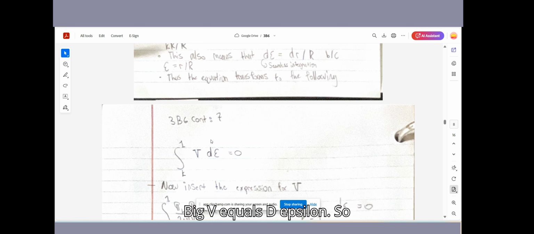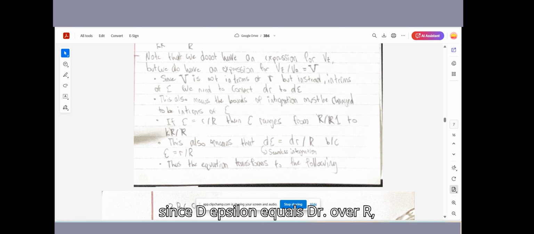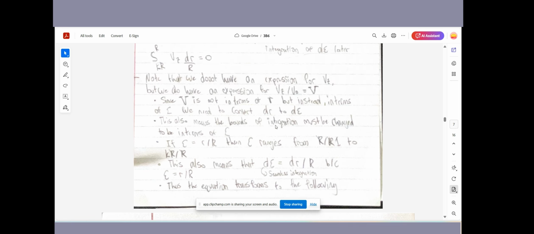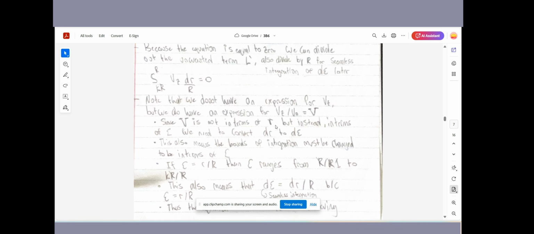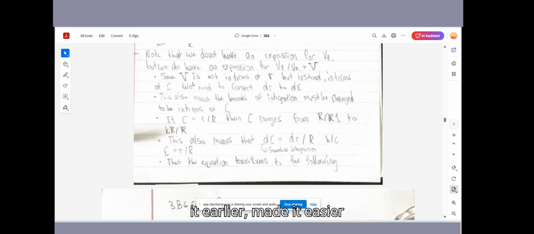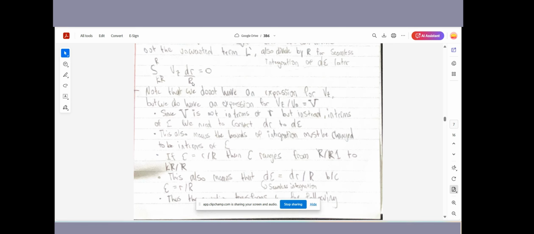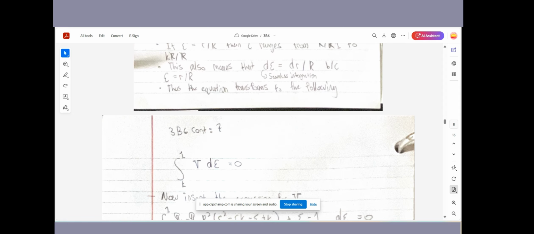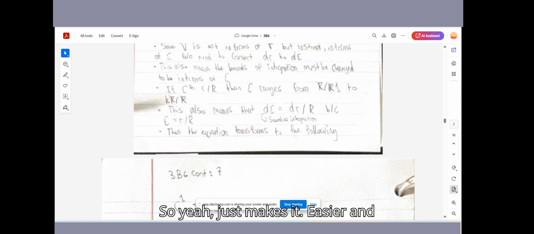Big V equals the integral of d epsilon. So since d epsilon equals dr over R, we have the dr over R. That was the simplification earlier. That just made it easier.